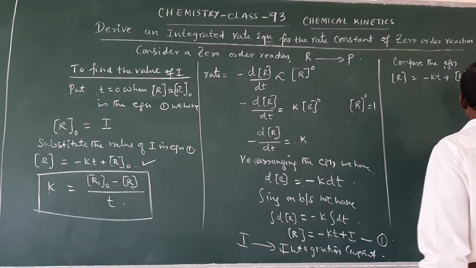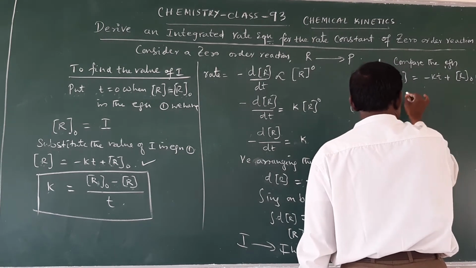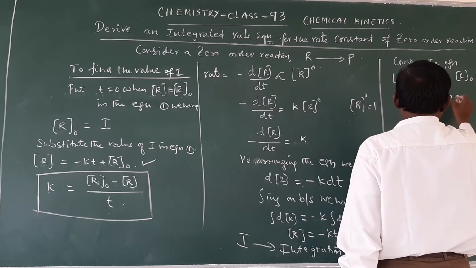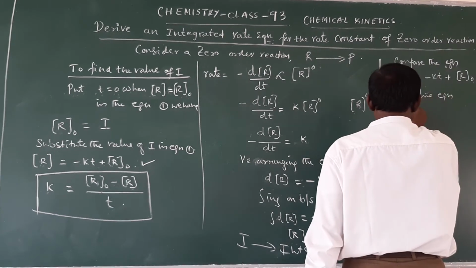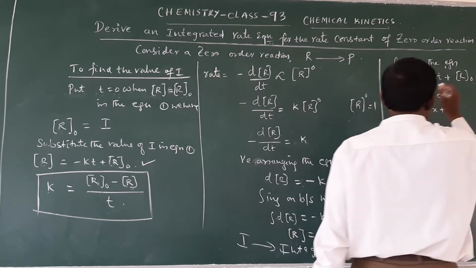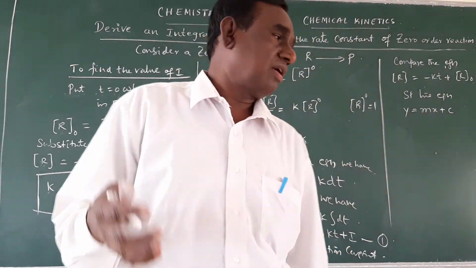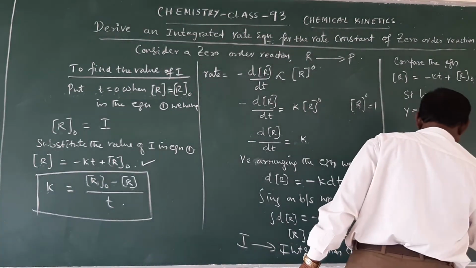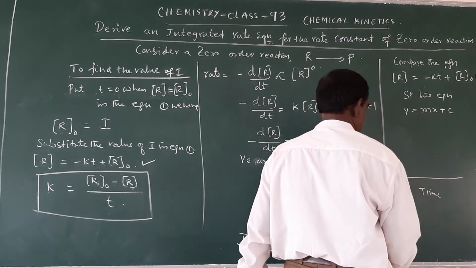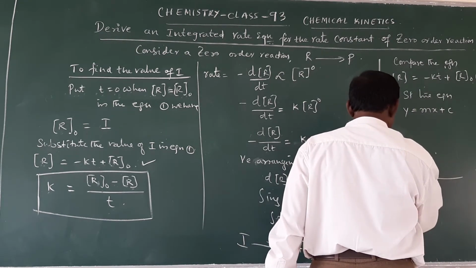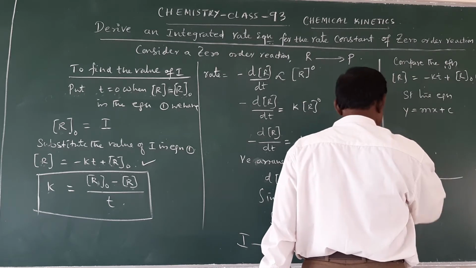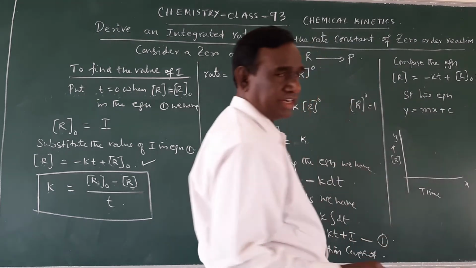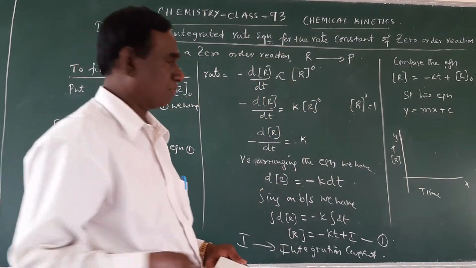If you compare this equation with the straight line equation, y is equal to mx plus c, and you draw a graph by taking time on the x axis and the concentration of R on the y axis, then you will get a slope. A straight line graph is obtained.